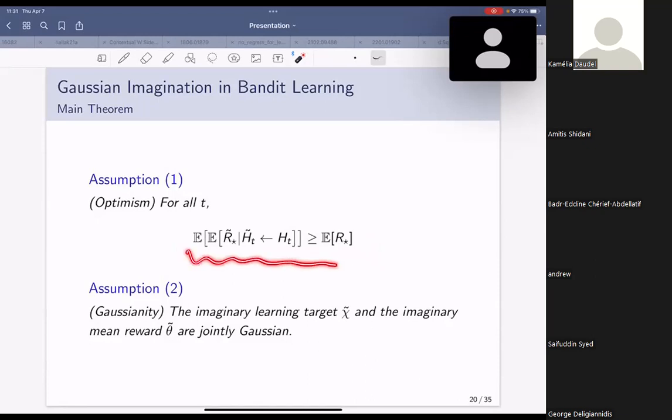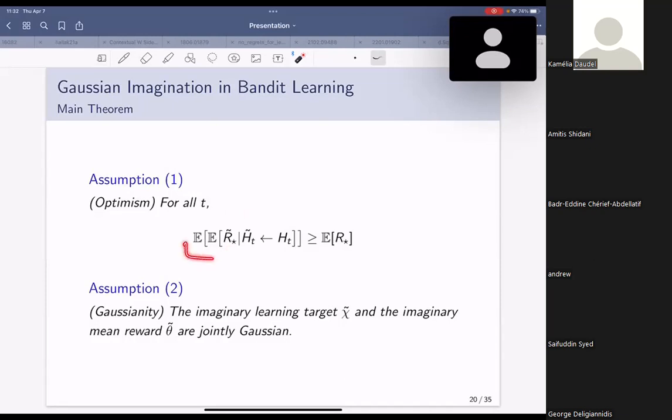Why are we assuming this? Because if the agent's imagination of the optimal reward is less than the optimal reward itself, then the agent would just stop exploration after a while, because it can really easily converge to the imagination of itself. So it won't explore anymore, and the bound would be very, very loose.